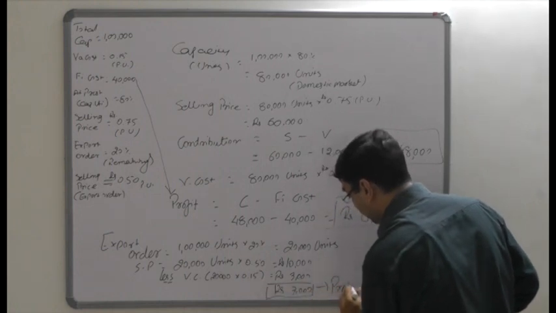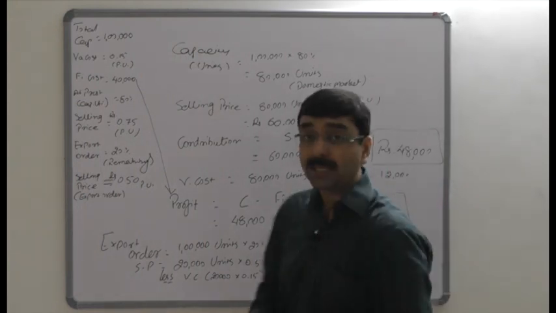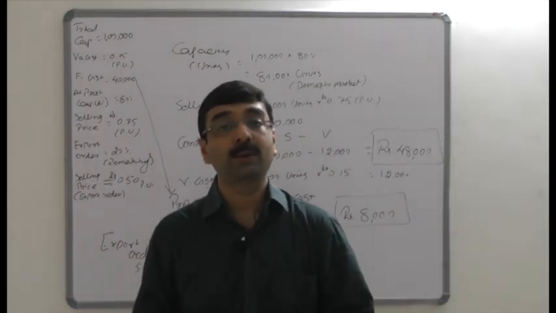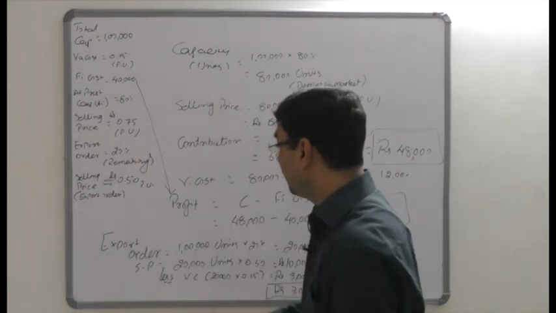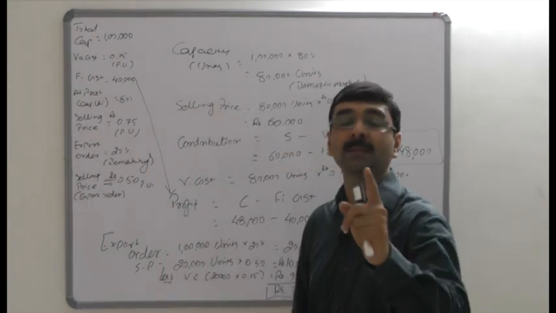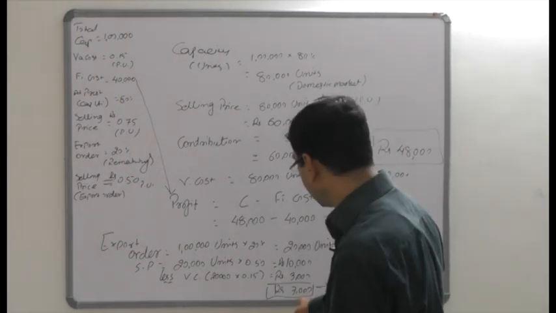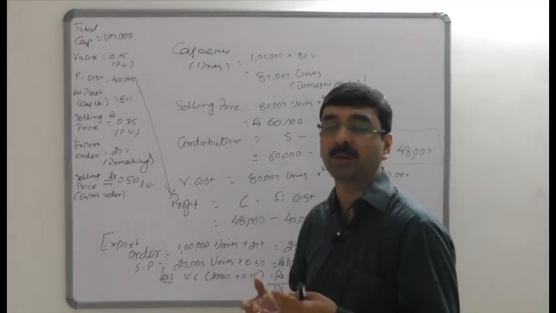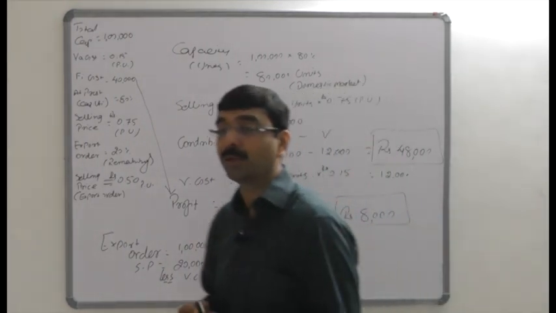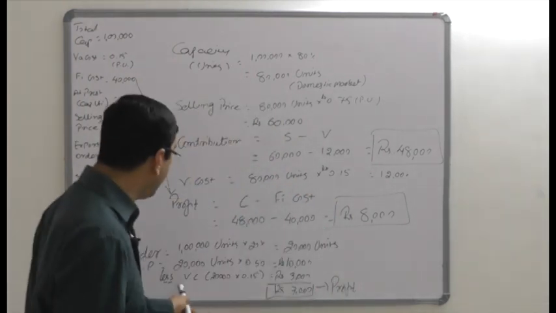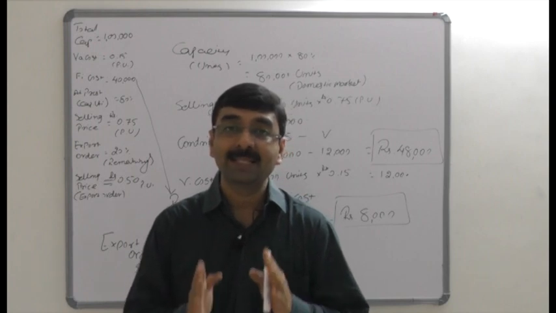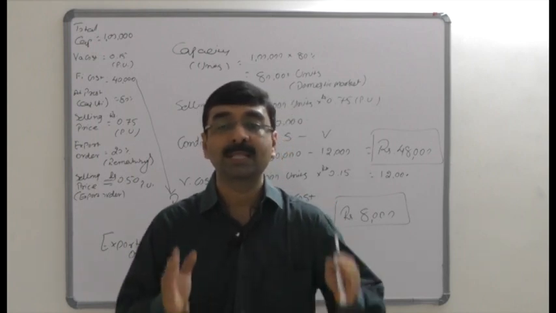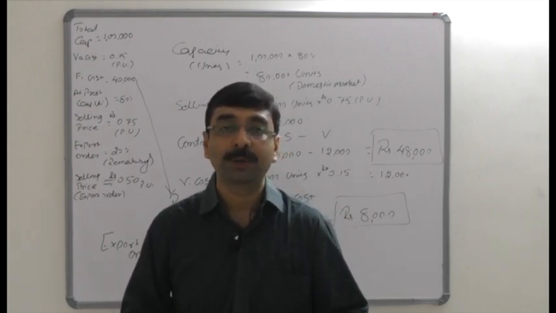7,000 rupees of profit. If the domestic dealer does not raise any problem or questions regarding the selling price comparison, then this export order should be accepted by the company, because in this case the company earned 7,000 rupees of profit. Now you may have a question: why do you deduct only variable cost? As I mentioned, the fixed cost remains the same whether the production capacity has changed or not.